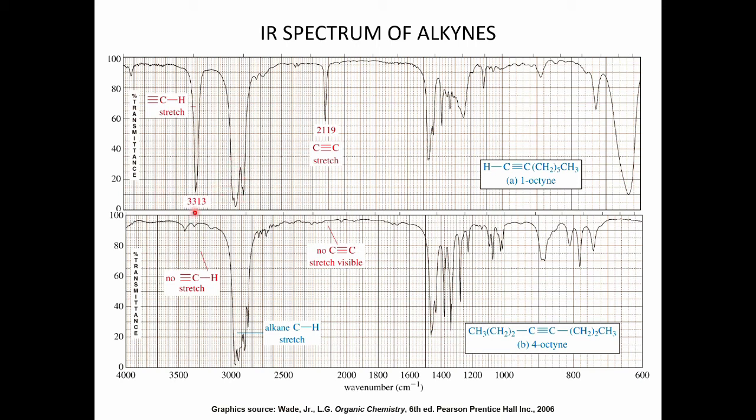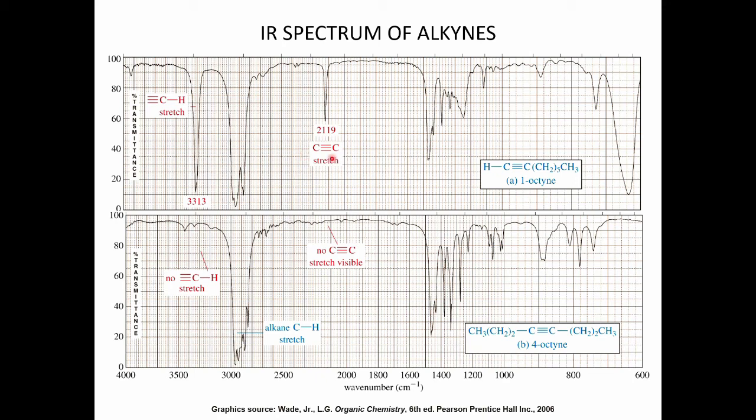Because it's so high up, it's very easy for us to say this is probably an sp hybridized carbon. But the most prominent peak is the one here at 2119, which is indicative of that carbon-carbon triple bond stretch.